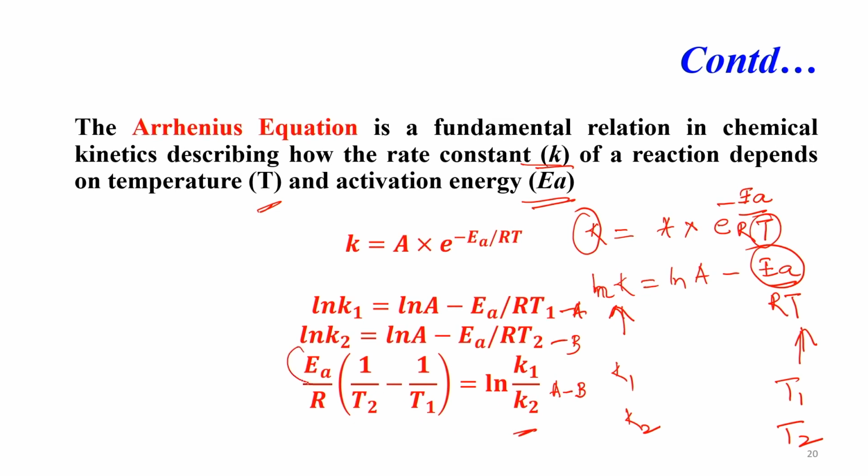In this way we should be able to calculate the value of activation energy. The other option is, if the value of rate and this constant A is known to us, we can directly calculate the value of activation energy.